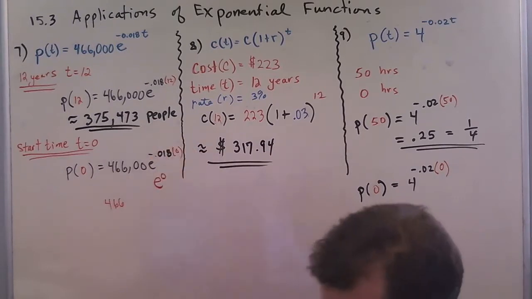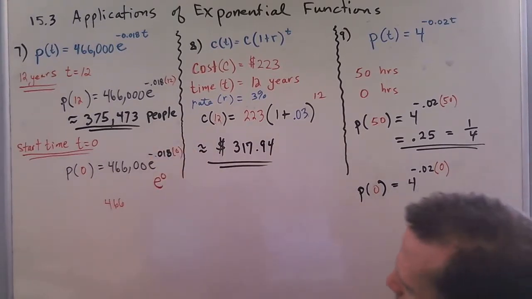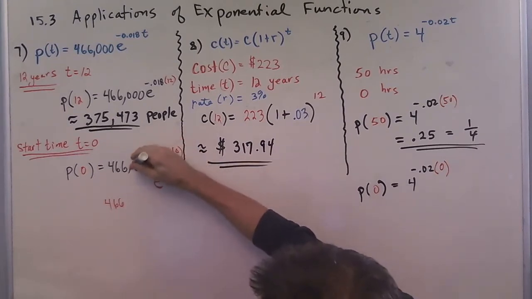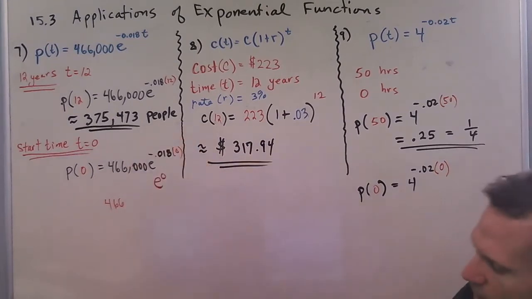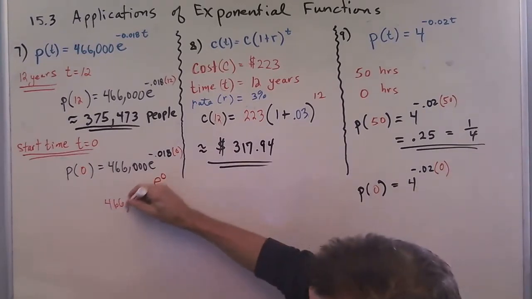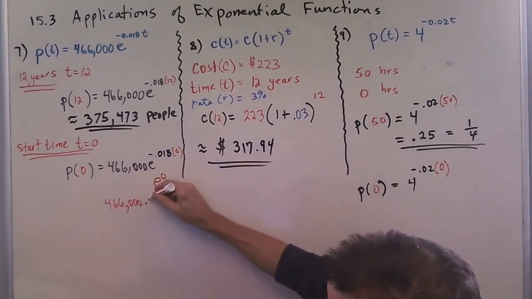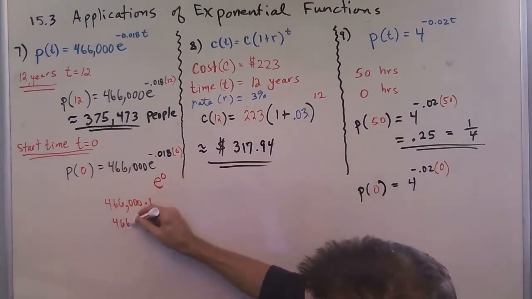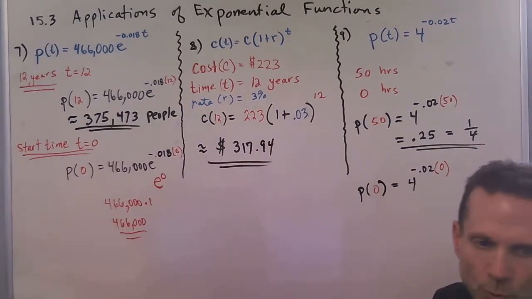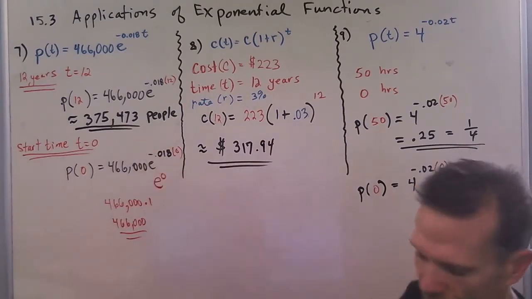Oops, I'm missing a 0 here. So let me get a 0 put in here. 466,000 times 1, and then that's going to give us that 466,000, okay? So at start time, there's 466,000 people, and after a decline of 12 years, it becomes this, all right?